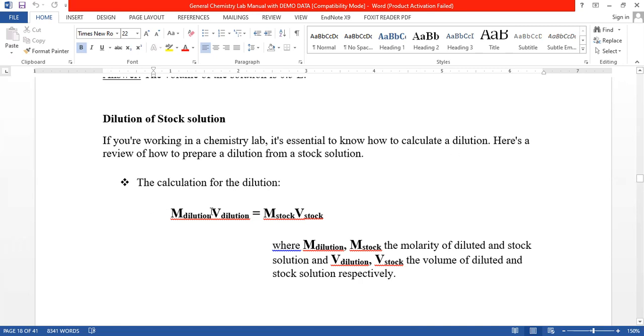So M dilution and V dilution: M dilution means the concentration of the diluted solution, that means what concentration we want, and V dilution is the volume of the diluted solution, how much diluted solution we require. And M stock is the concentration of the stock solution, and V stock is the volume of the stock solution.